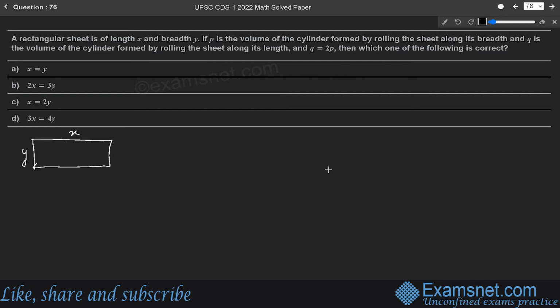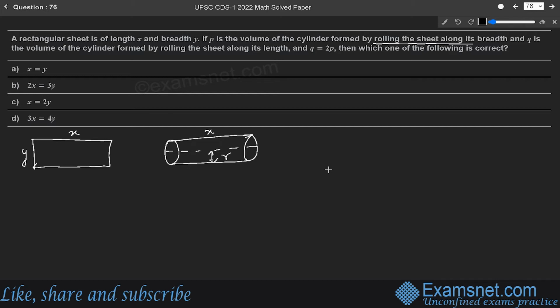See, there are two conditions here. When the sheet is rolled along its breadth, it will be somehow in this form. And here the radius will be this. So let the radius be r and this is the length.